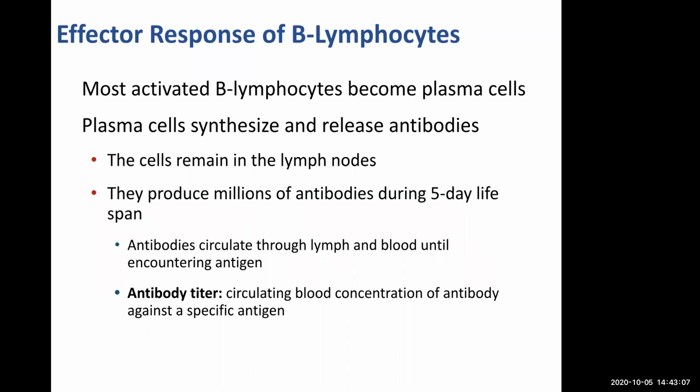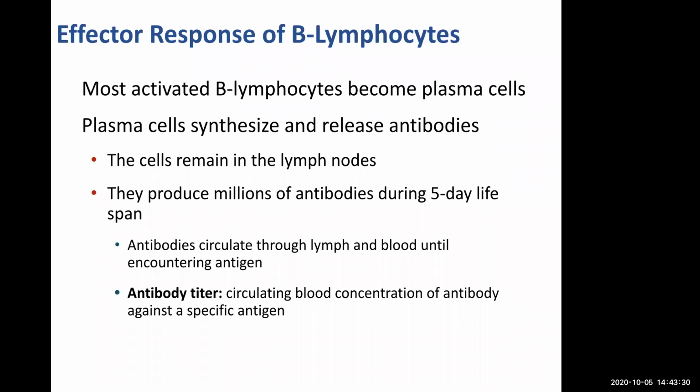And an antibody titer is a measure of the circulating concentration of an antibody against a specific antigen in the blood, right? Titers are an important part of trying to gauge whether or not somebody has protection against a specific antigen, right?